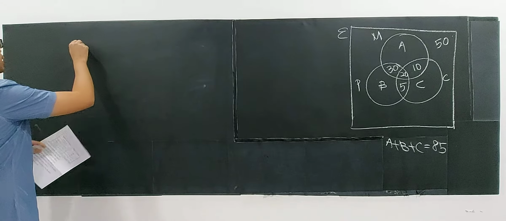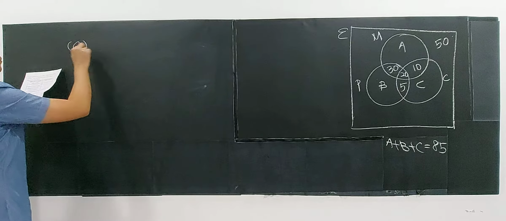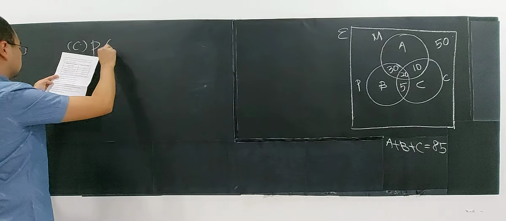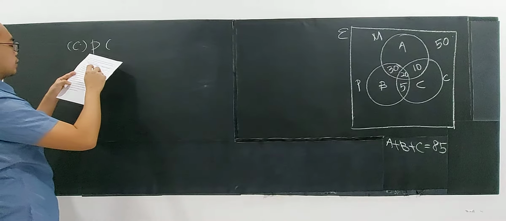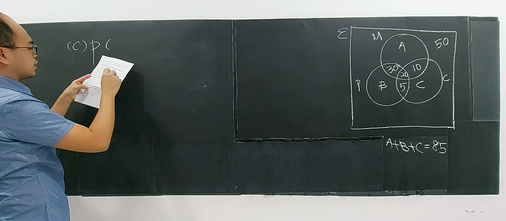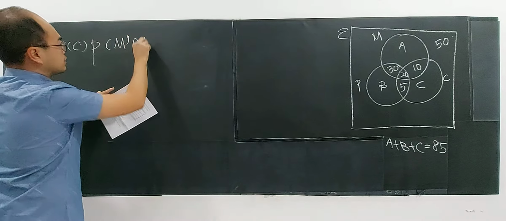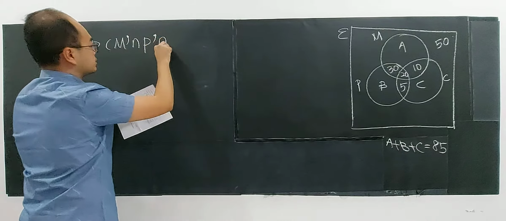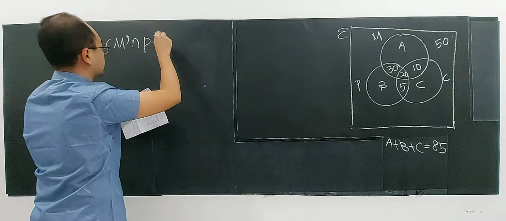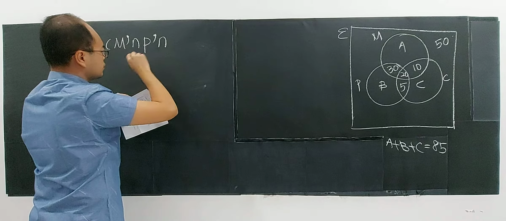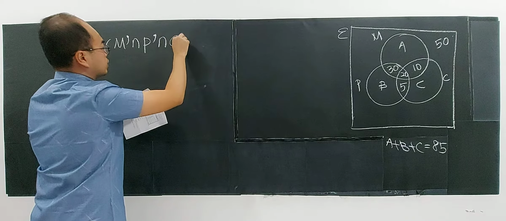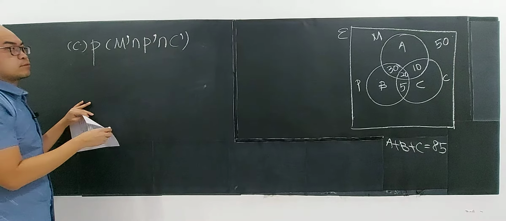If you want to write in mathematical notation, the probability of not scoring grade A in all the subjects means not scoring in mathematics, and at the same time not scoring physics, and at the same time not scoring chemistry.